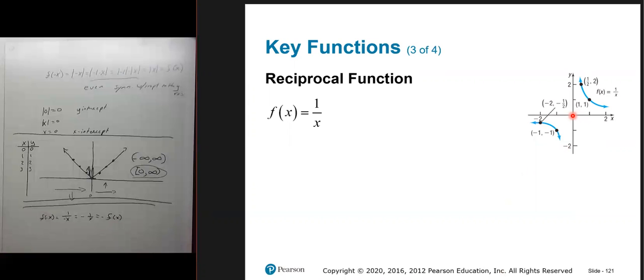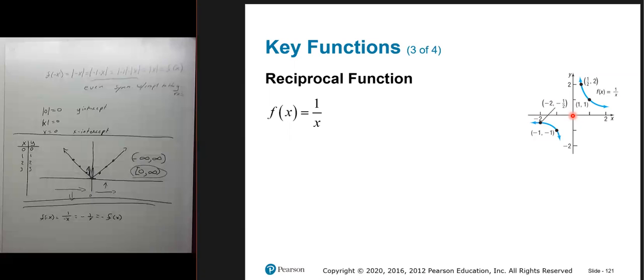It's decreasing from negative infinity to 0, and decreasing over its entire domain. So it's decreasing over the interval negative infinity to 0, and decreasing over the interval from 0 to positive infinity.